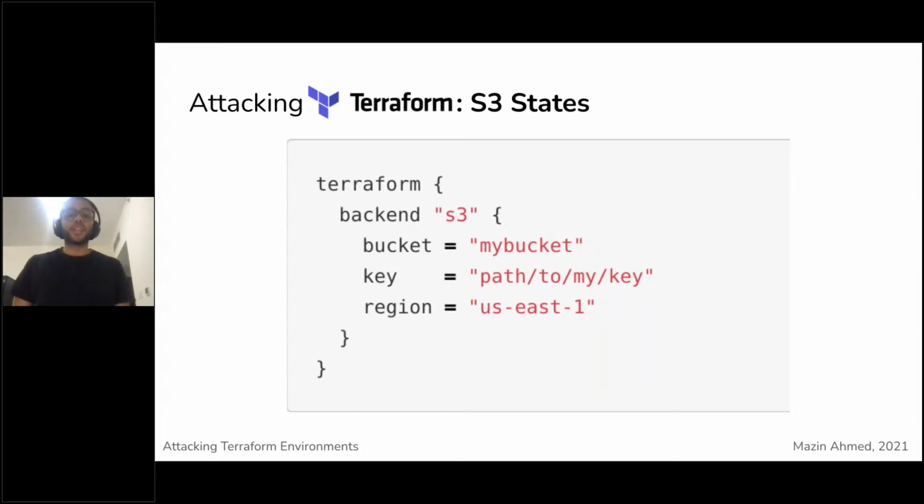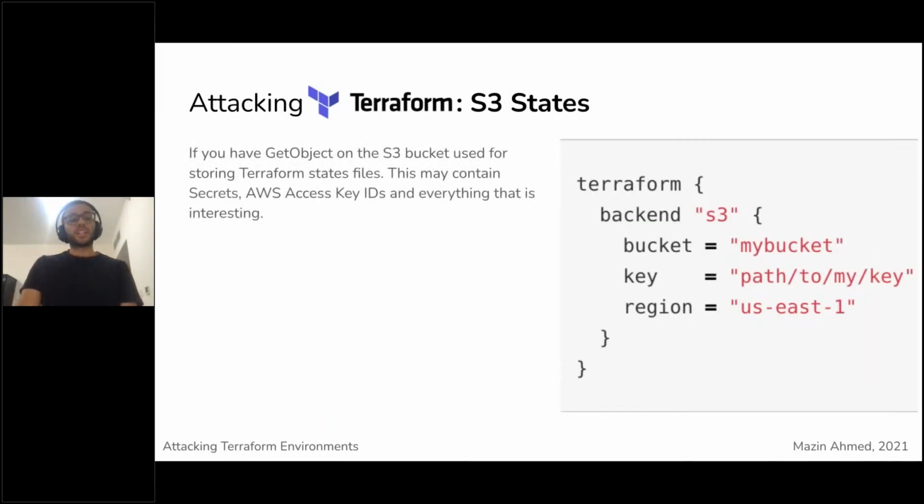Also, it stores the outputs for different things from the API calls. So you would find stuff here if you get the chance to access it, like the state file. What I'm saying is, if you have GetObject, like an IAM policy rule, IAM access for the S3 bucket that is used for storing the Terraform state files, this would maybe grant you access keys, database passwords, everything that could be interesting could be found there.